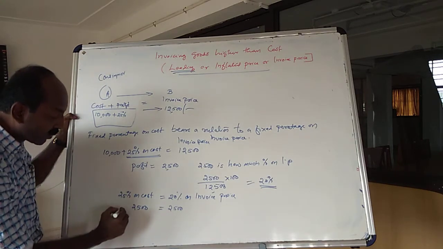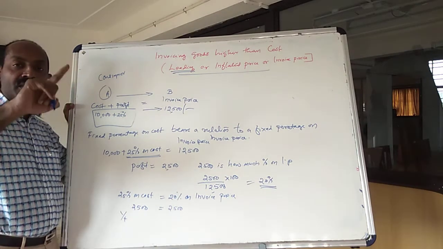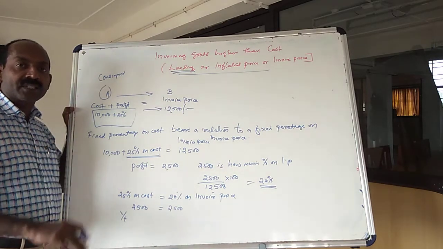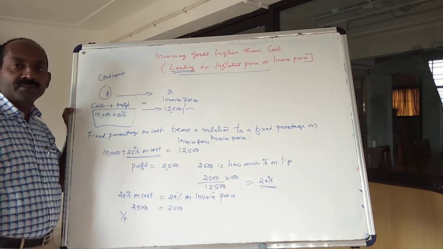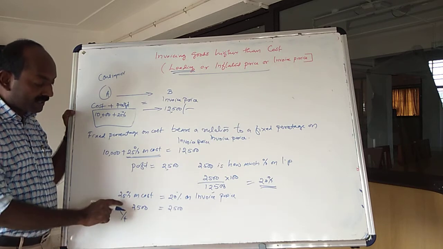25% means 1 by 4, that is 25 divided by 100.